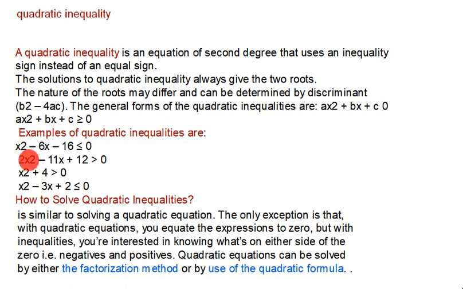The problem is not always given in standard form. If it's not given like this, we first have to put the inequality into the standard form of the quadratic equation, in order to decide what method to use to solve it. Previously in quadratic equations, we learned how to solve by factorization, by the quadratic formula, by completing the square, and, if b is 0, by taking the square root.